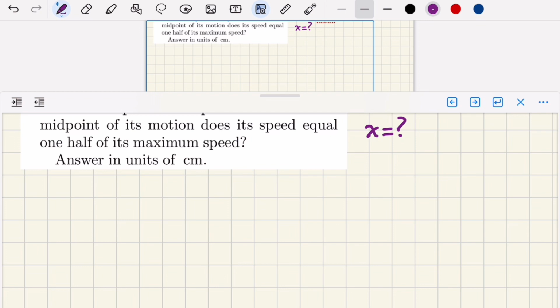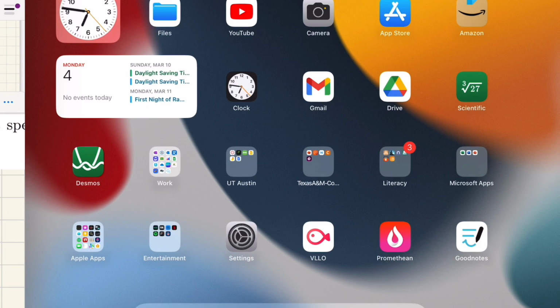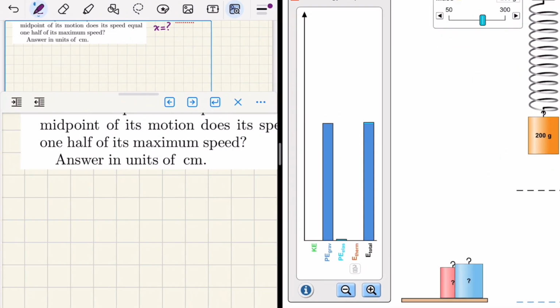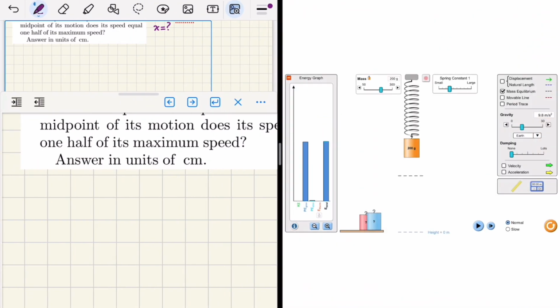Because we have a particle undergoing simple harmonic motion, we can model this particle as if it were a mass on a spring. Let me show this simulation, it's from PhET. Okay, so I'm going to play slow motion. This line is the equilibrium line.